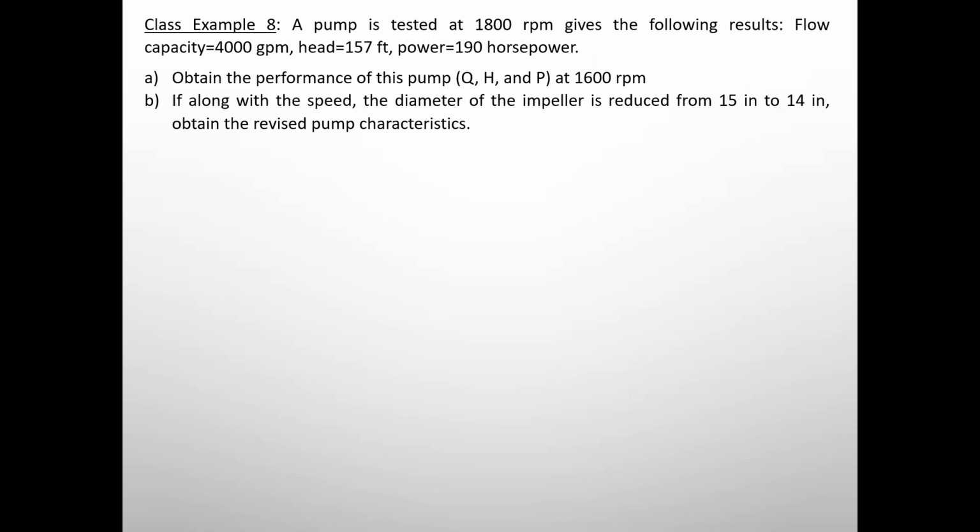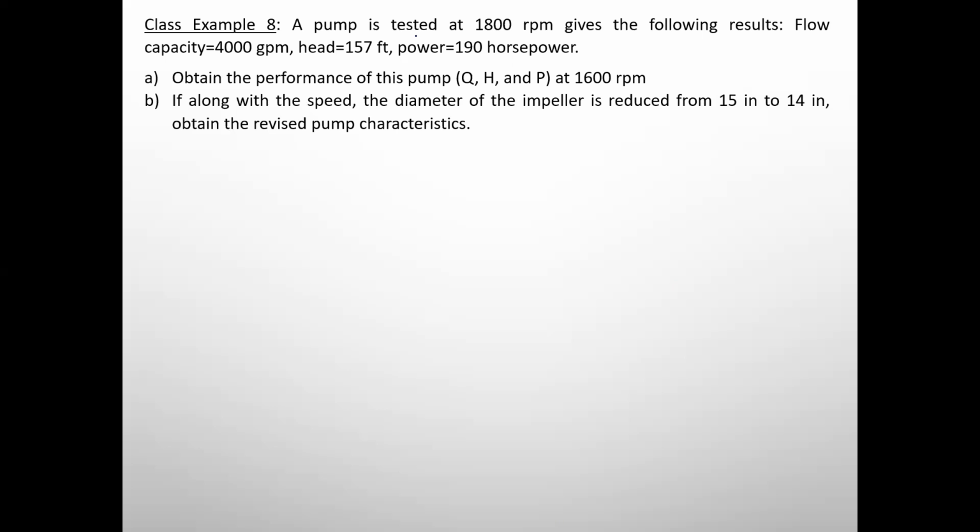And for alterations in the same pump, there will be just one pump, and within that pump, if you change the diameter or rotational speed, how that will affect the other parameters.